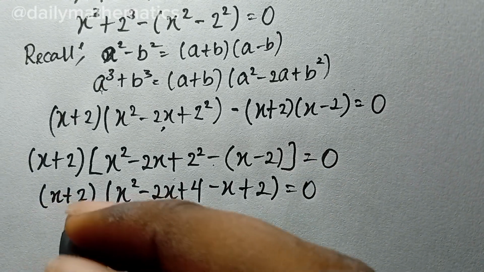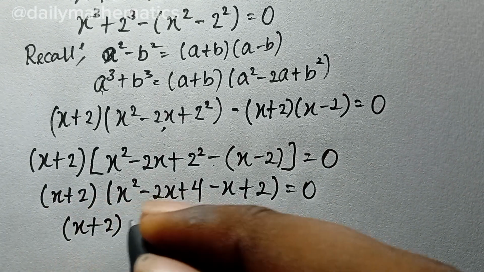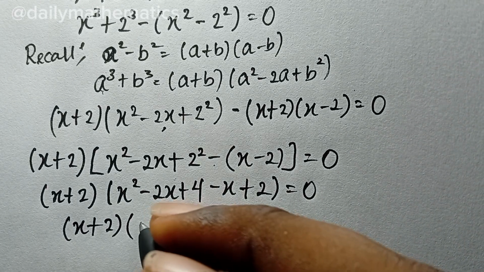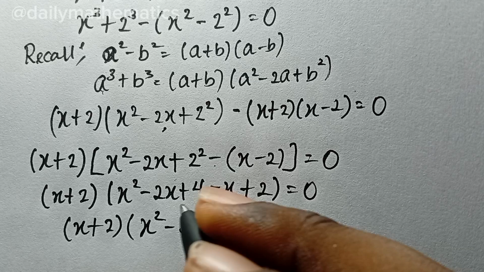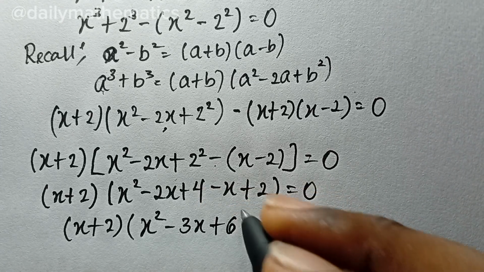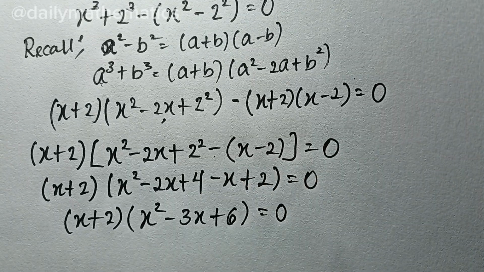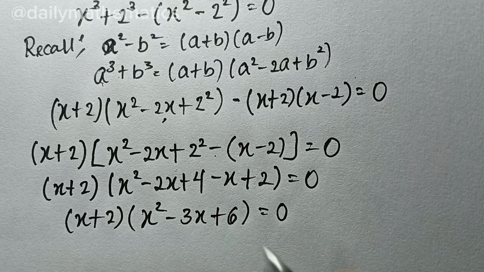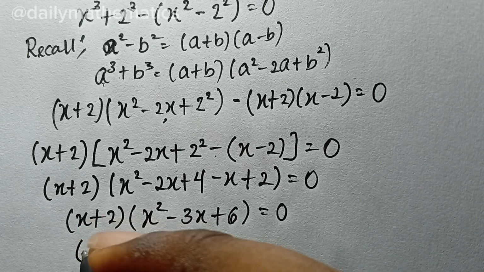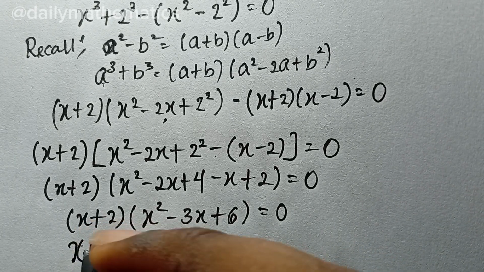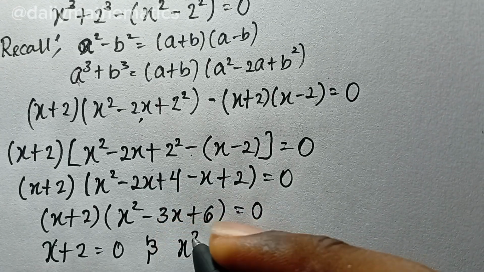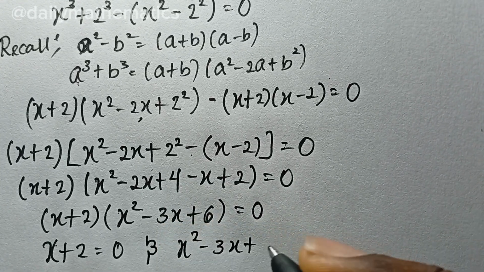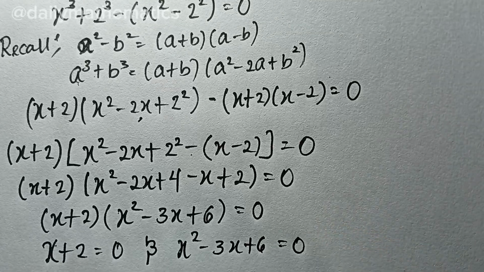And so from here we have x plus 2 bracket x squared minus 2x minus x gives us minus 3x, 4 plus 2 gives us plus 6, and then we have equals to 0. And so from here we can equate each bracket to 0, and we have x plus 2 equals 0, and x squared minus 3x plus 6 equals 0.